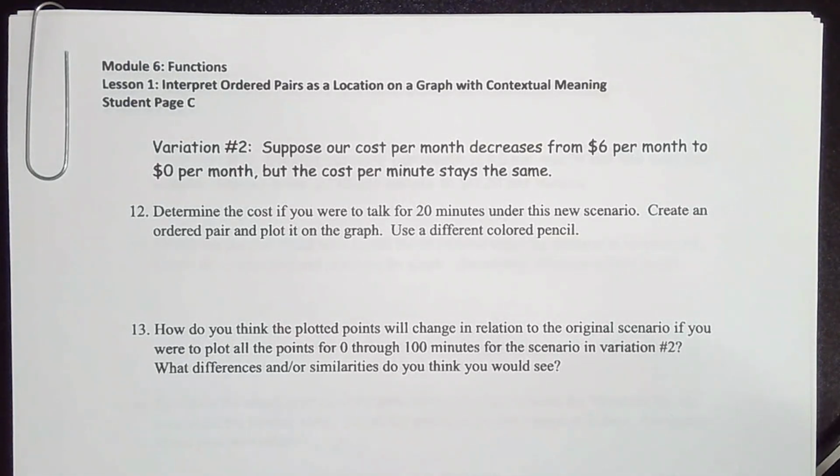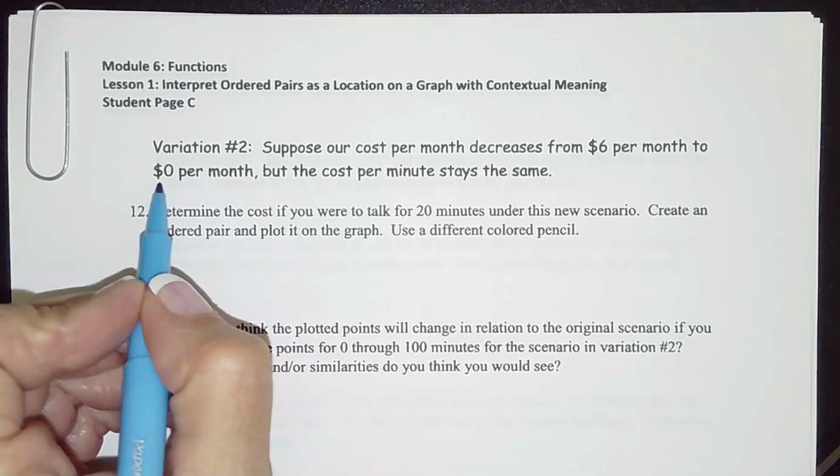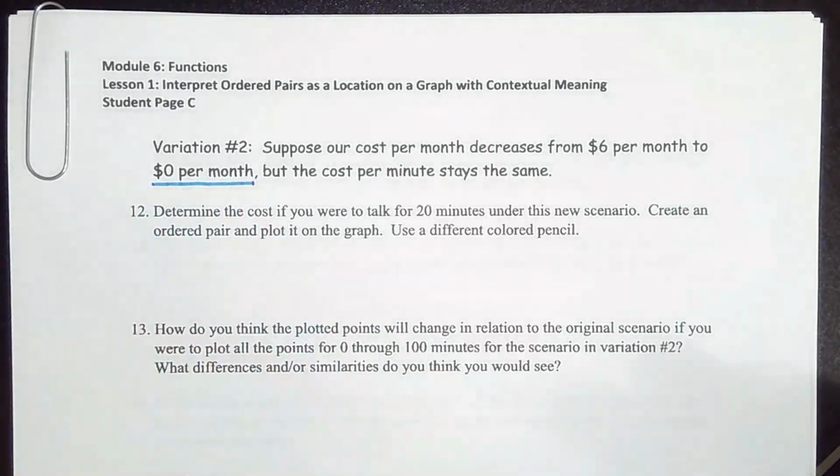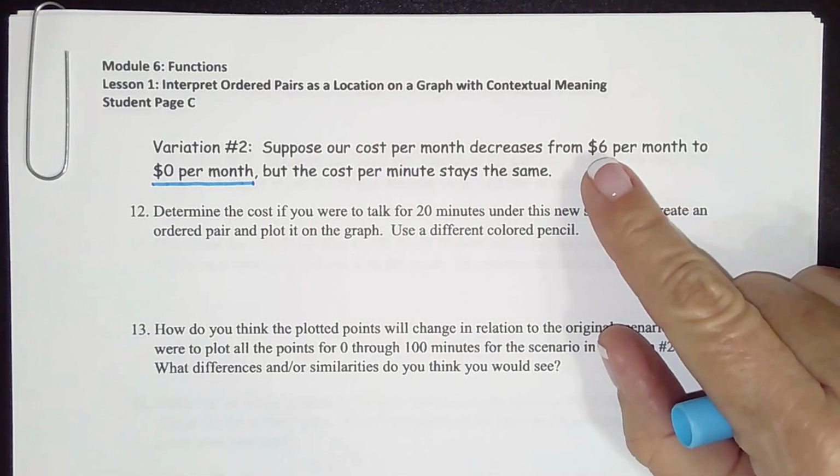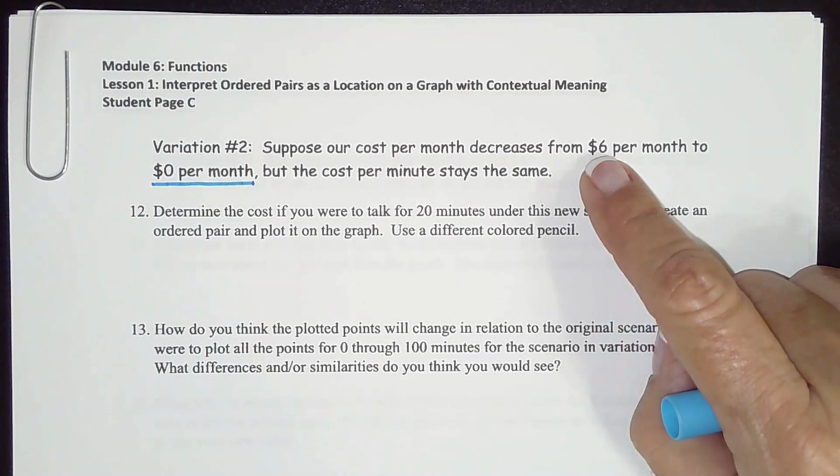So variation 2. Suppose our cost per month decreases from 6 per month to 0 per month. There's another y-intercept decrease. So we should already be able to tell what the y-intercept on this graph will be. When it was $6, it was 0, 6. If they didn't talk at all, you pay the $6.